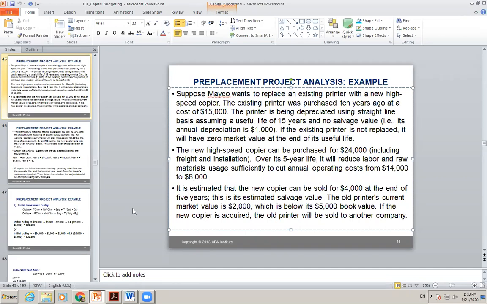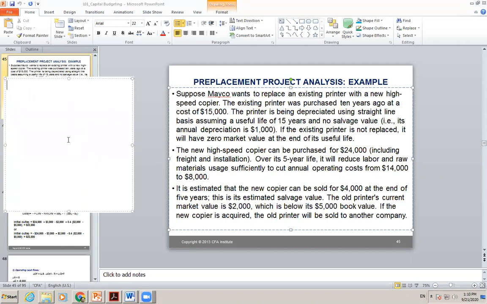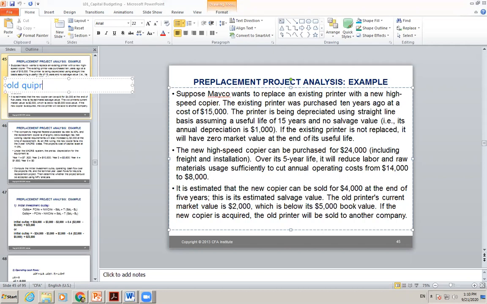However, when it comes to the old printer, the market value currently is 2,000. Look, if you calculate it, we bought the equipment for 15,000, with a life of 15 years, straight line depreciation.